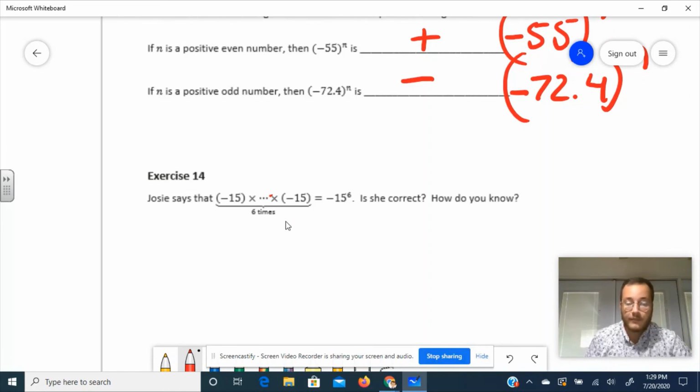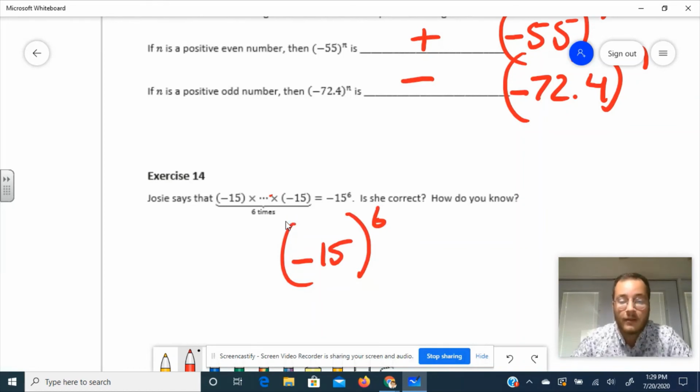Now, let's look back at whenever I take a negative 15 and put it in parentheses and then do a 6th power. The reason I put the parentheses like this is because whenever you have an exponent, you want to be sure that you are understanding.